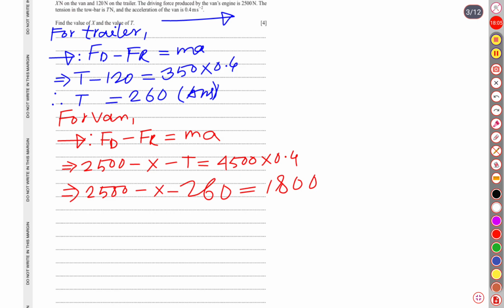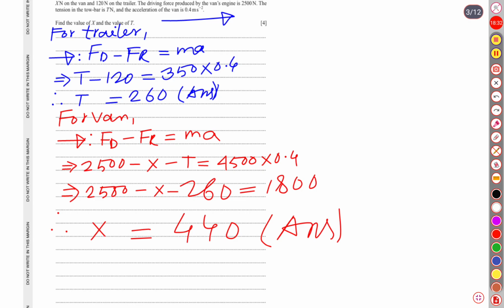Hence x is simply 2500 minus 260 minus 1800. So it is going to be 440. The value of x is 440 newton.